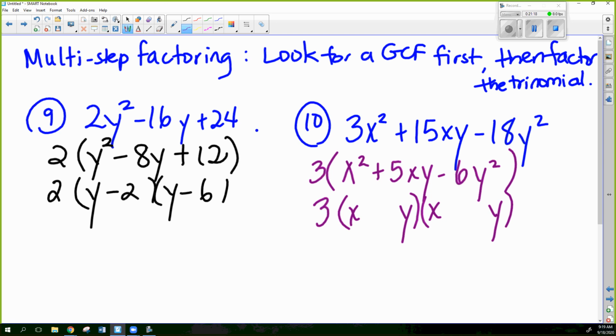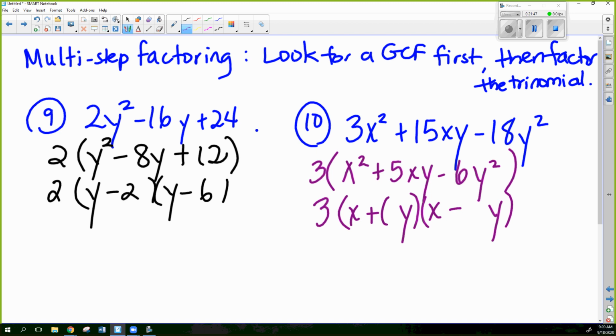And now all we have to do is worry about the numbers. The x times y in the middle will take care of itself. So I need a pair that multiplies to be -6. That's going to be 1 positive and 1 negative, right? And add to be +5. All right, 6 and 1, and which one is positive?